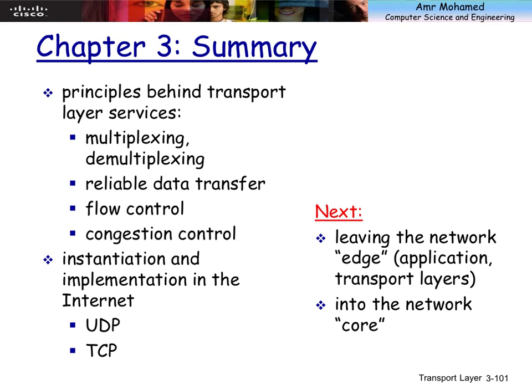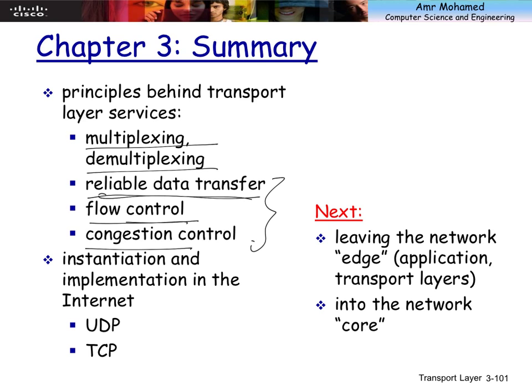So we talked about multiplexing and demultiplexing. We talked about reliability, flow control and congestion control, and the fact that, remember, TCP does not have a separate mechanism for each one that runs separately. TCP runs all of these at the same time.